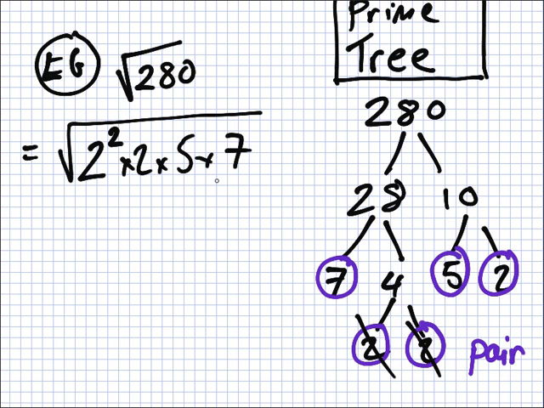Now what you're allowed to do is cancel a root with a square. So the root and the square here cancel, leaving you with 2. Any cancelling here? No. So you're just left with 2 times 5 times 7, which is 70. And that is as simple as we can make root 280.